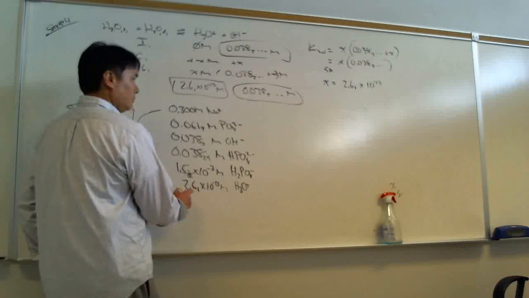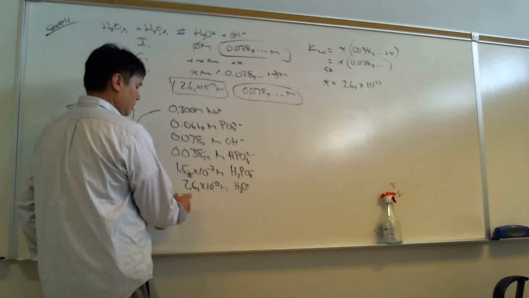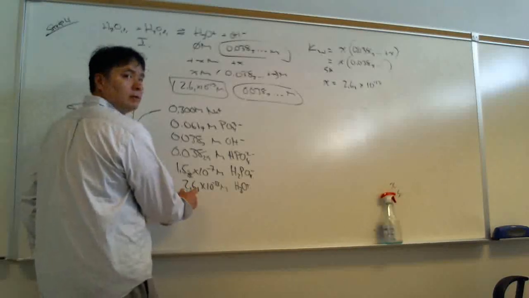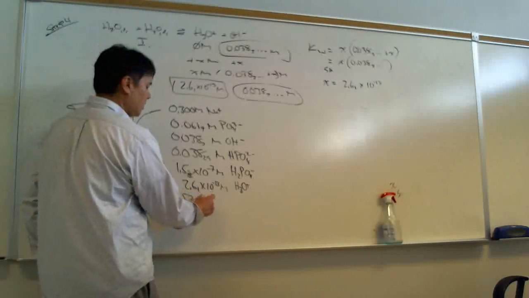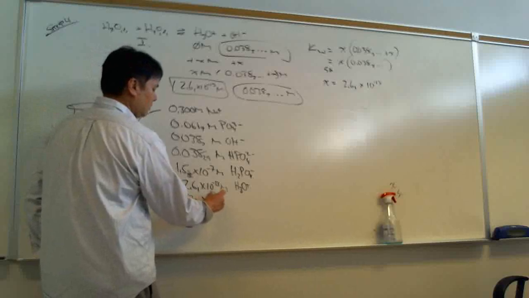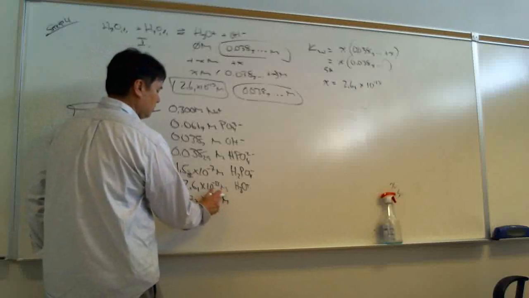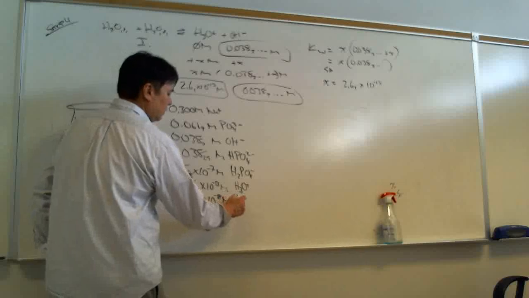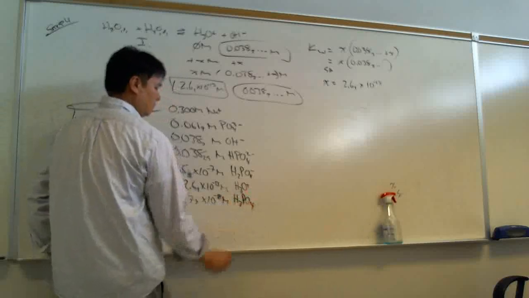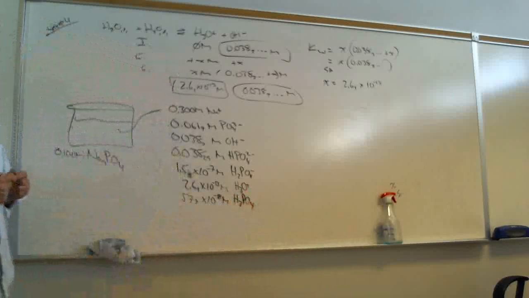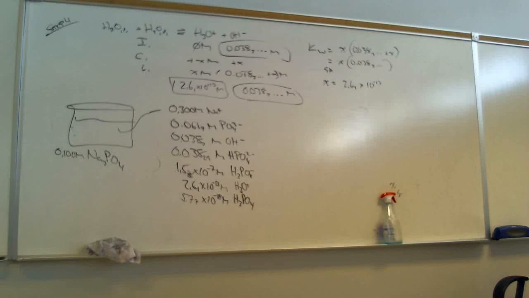What is it? 5.77 times 10 to the minus 18 molar phosphoric acid. Is that it? Water. No, water.